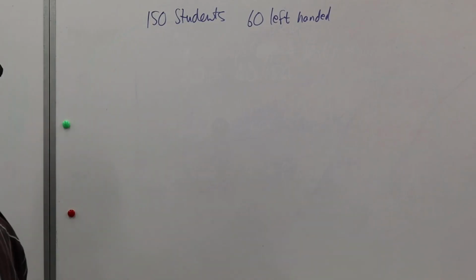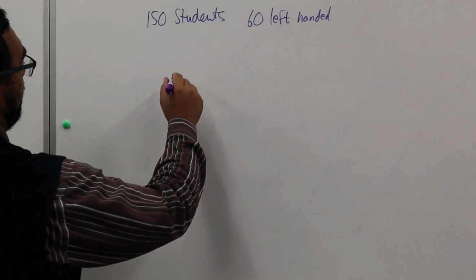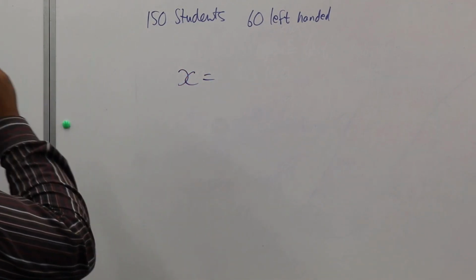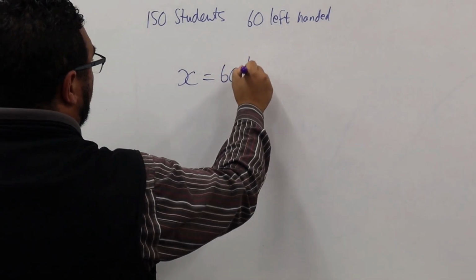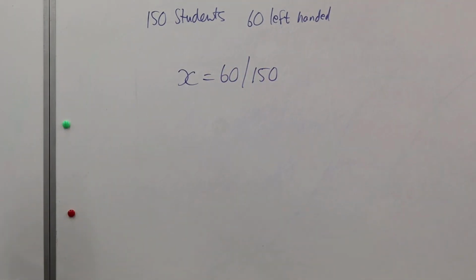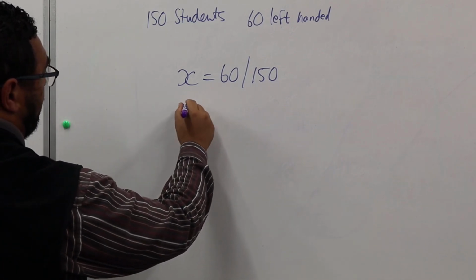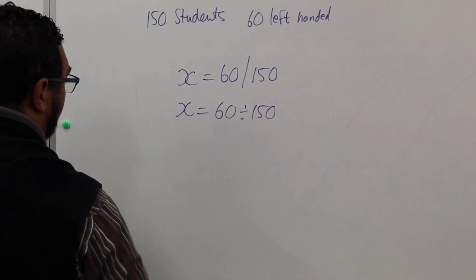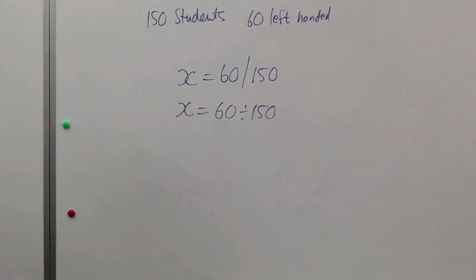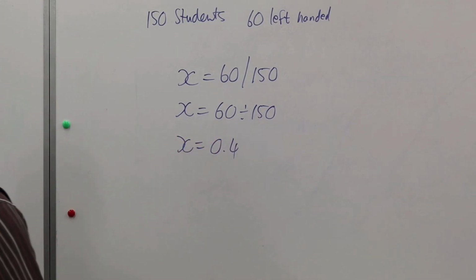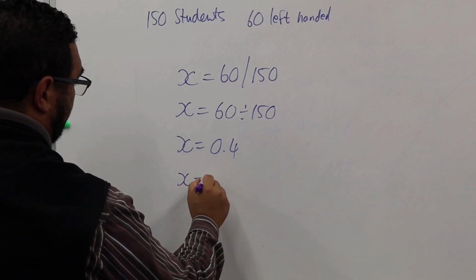Okay, so this one is going to be slightly different. Because we don't have the proportion, I'm just going to make x equals, but what do I have? I've got the fact that 60 out of the 150 learners are left-handed, and they want to know what that proportion is when I simplify it. So I'm simply going to take my 60 and divide that by the 150, and I'm going to end up with 0.4, which is 40%.